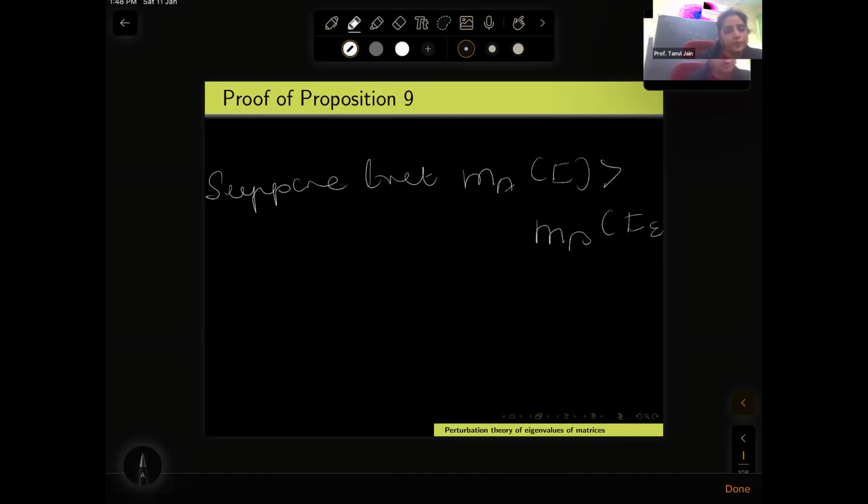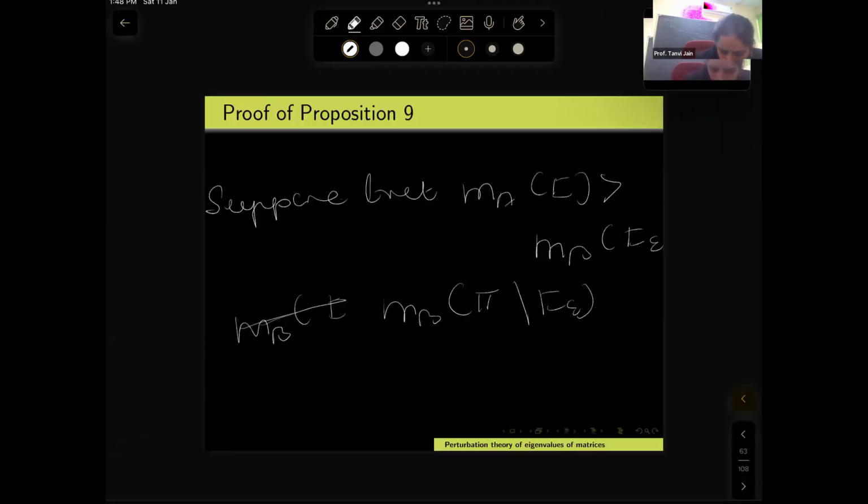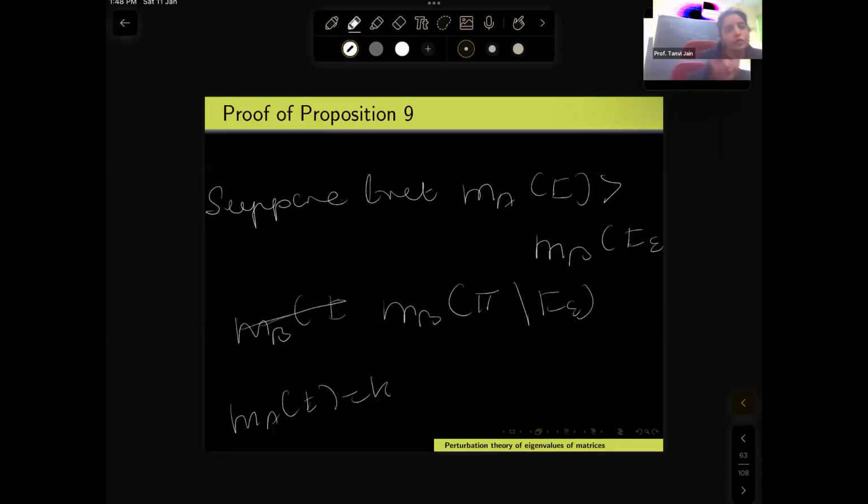So we go by contradiction. Let's take M_A(I) equal to K. Then M_B of T minus I epsilon will be greater than or equal to N minus K plus 1.